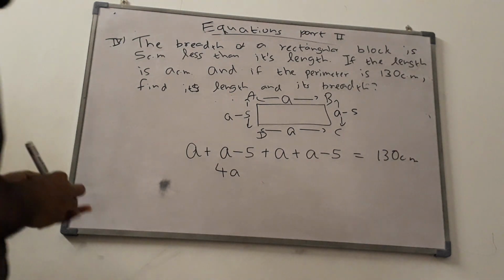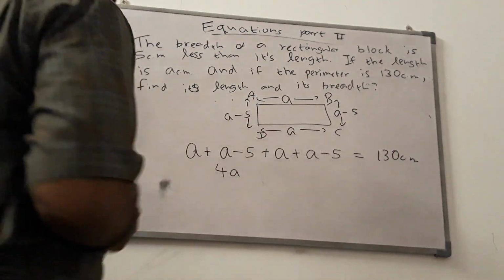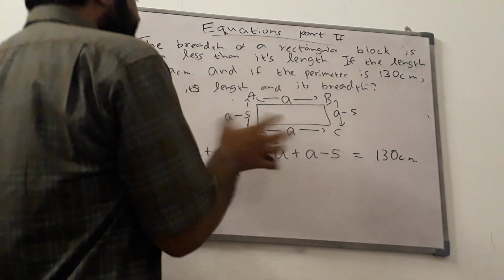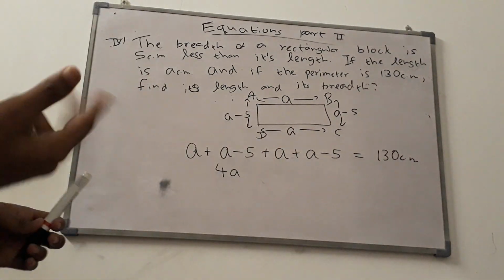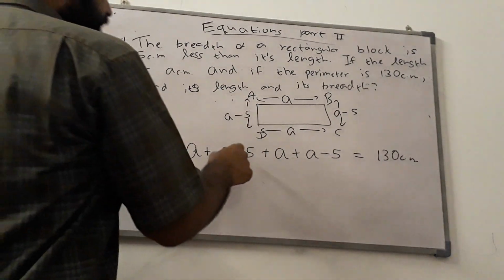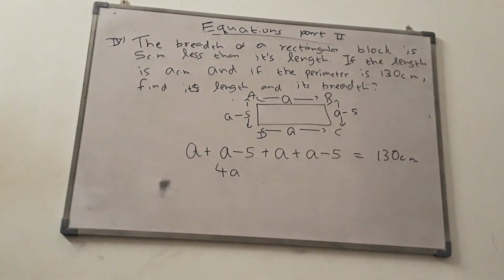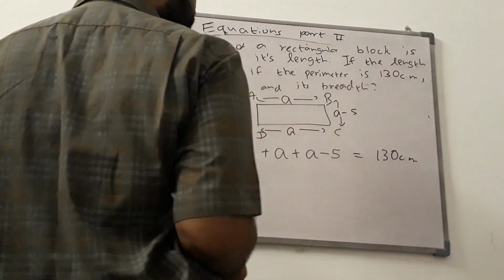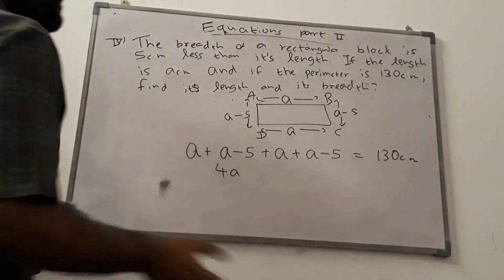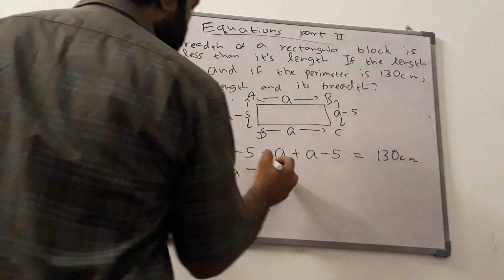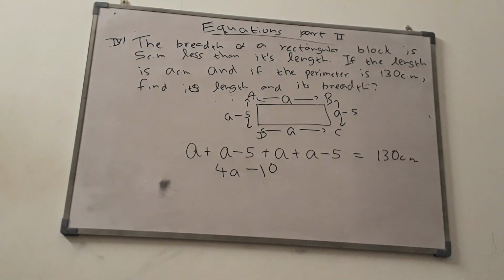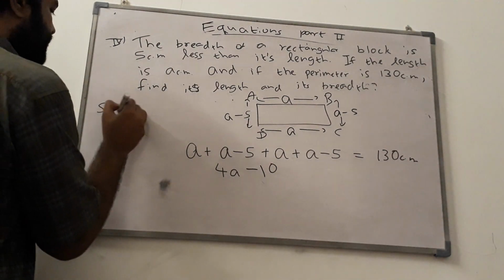The a's can be added with each other as like terms, but we can't add a's and 5's because those are unlike terms. Then minus 5 and minus 5 can be collected. 5 plus 5 is 10.